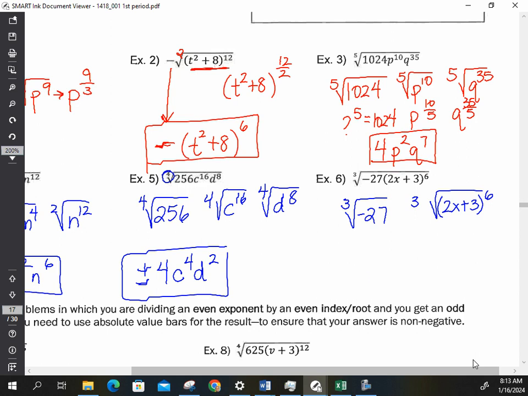This time that is a negative 3. Negative 3 times negative 3 is positive 9. Positive 9 times negative 3, negative 27. So the negative does matter. We do not put plus or minus because that is an odd index. So you got to keep in mind your odds and evens. 6 divided by 3, so that's 2x plus 3 squared.